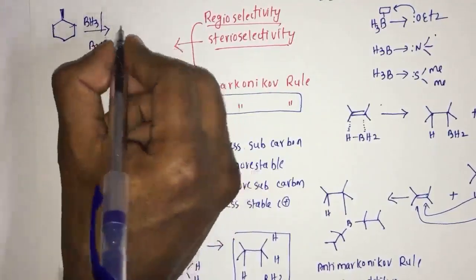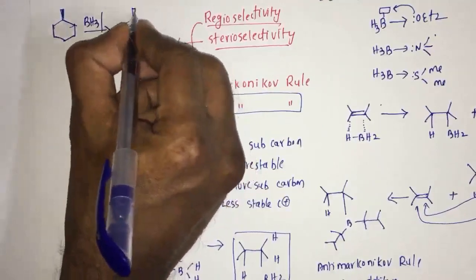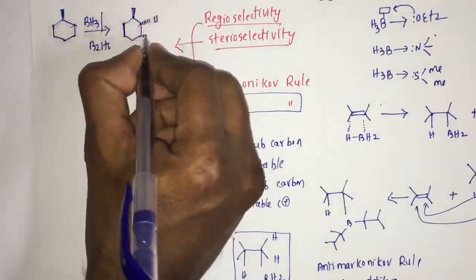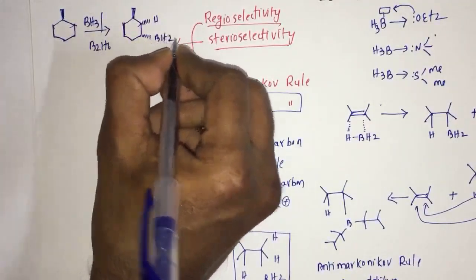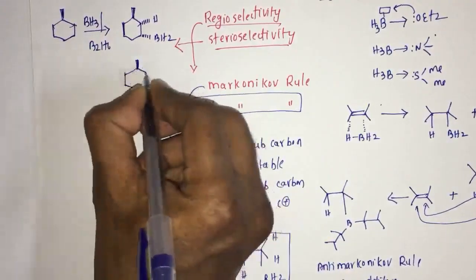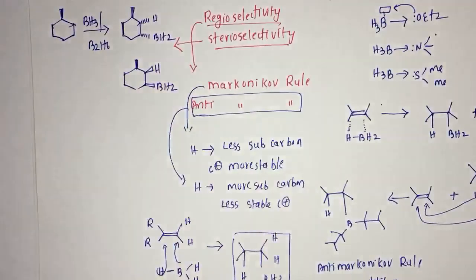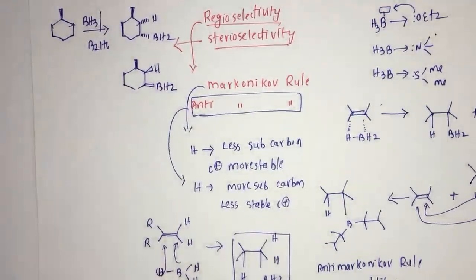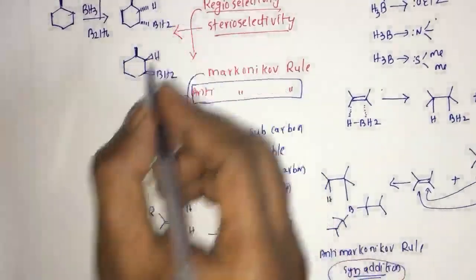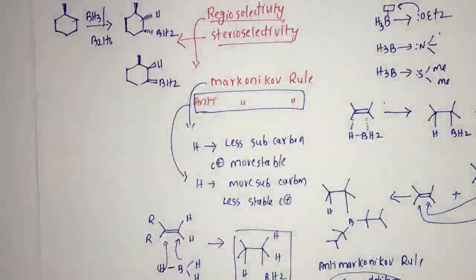Two products are possible, we can take this one or this one. We know that hydroboration follows syn addition, meaning both hydrogen and BH2 have to be on the same side. In both cases they are on the same side.